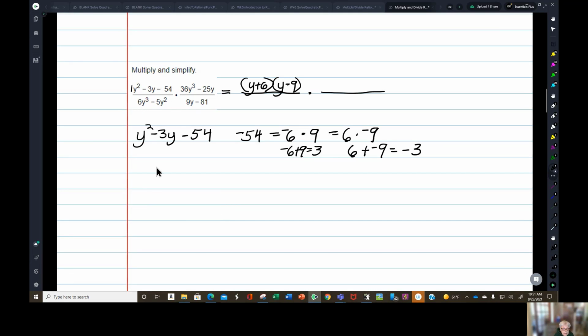Now let's work on this. 6y to the third minus 5y squared is 6 times y times y times y minus 5 times y times y. And both of these terms contain two y's, a y times y.